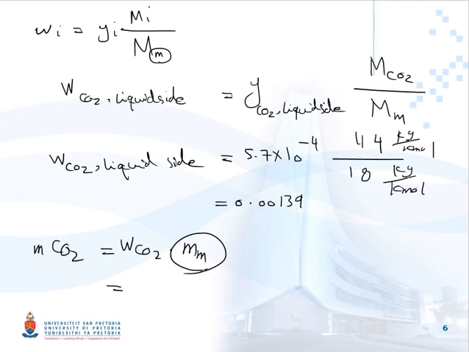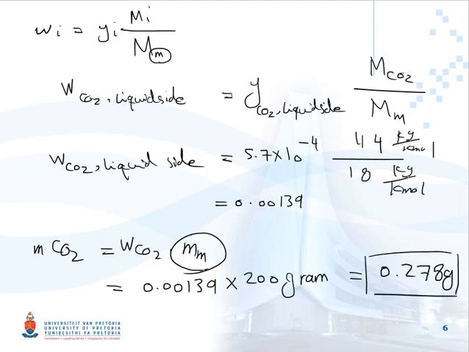So 0.00139 multiplied by 200 grams, what we have will be 0.278 gram of dissolved carbon dioxide in this drink. Okay, so it's not very complicated, but it's a little bit tricky, so you need to start with the right assumption, and after that you continue step by step.